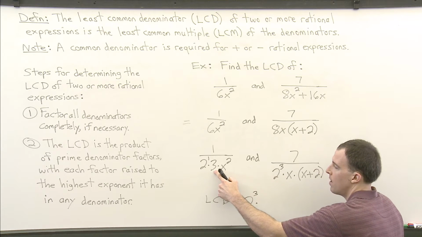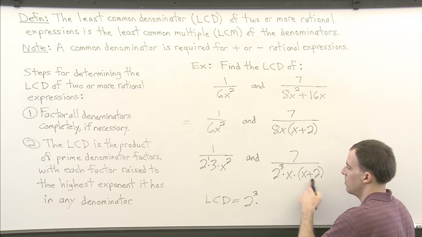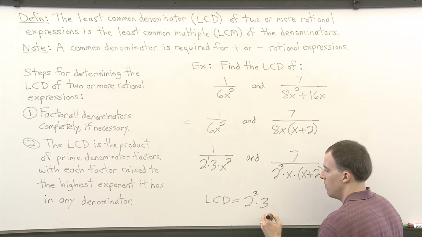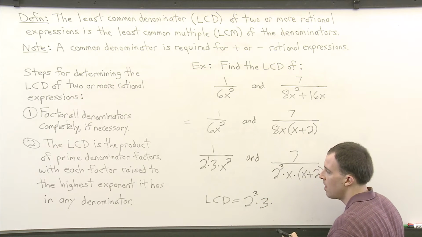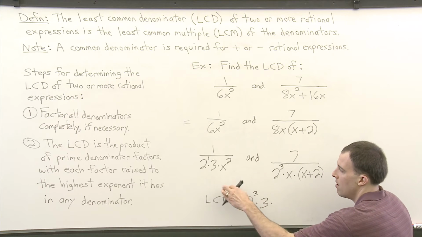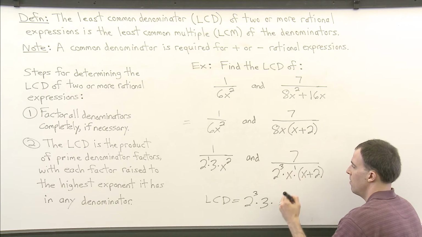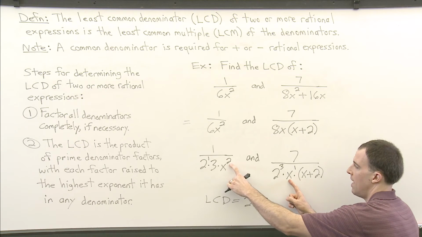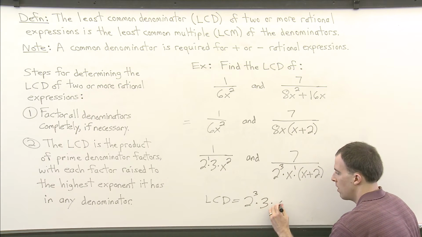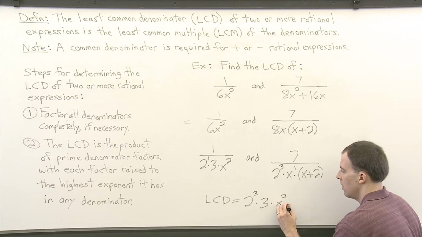We've got a factor of 3 in the first denominator. We don't have any factors of 3 in the second denominator, so we just need one factor of 3 in the LCD. We've got an x squared factor in the first denominator and an x, which is like x to the first power, factor in the second denominator. 2 is a higher exponent than 1, so we need to go with x squared for the LCD.